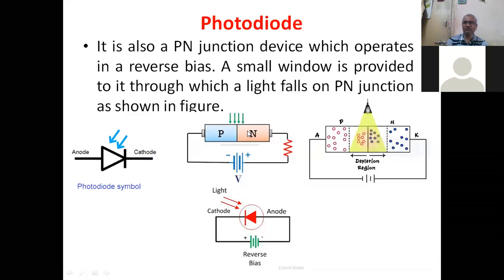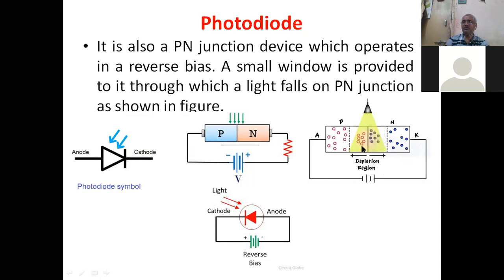This is your PN junction photodiode. This is the internal structure, how it will look internally. This is the depletion region, and I have told you that this diode is operated in the reverse bias. Reverse bias means P is connected to negative and N is connected to positive, so that the width of the depletion layer is large.